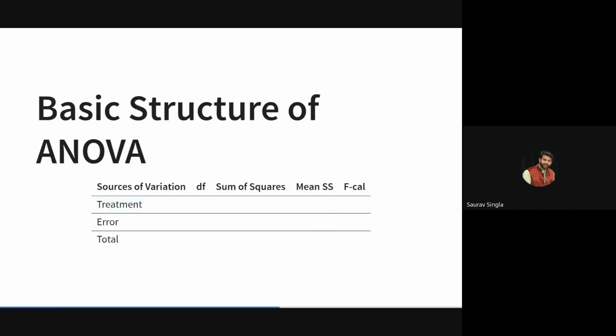And how will you get F calculated? When you were comparing two means, the test that was used was the t-test. But now when you want to compare more than two means, the test that is used is the F test.